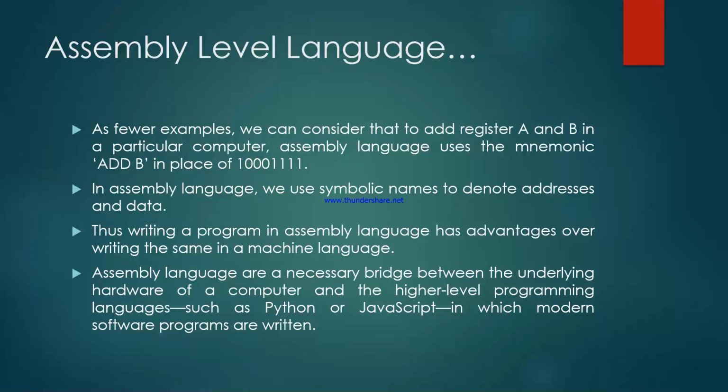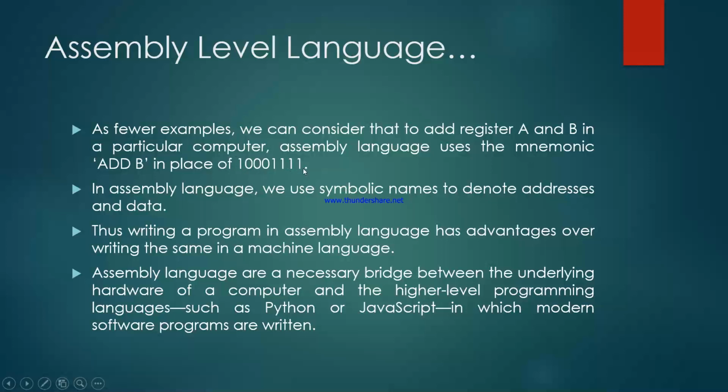assembly language uses the mnemonic ADD B, also called add B. Here we have to add register A and register B, so we use the mnemonic code ADD B in place of 1 0 0 1 1 1 1.